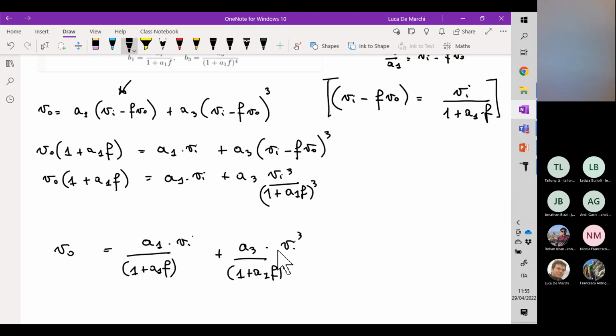Okay, so this means that after the addition of this dominant pole, we hit the f equal to 1 curve at this new point corresponding to the old P1.